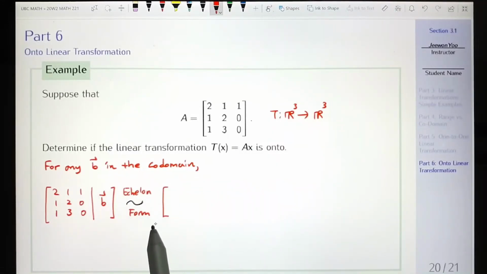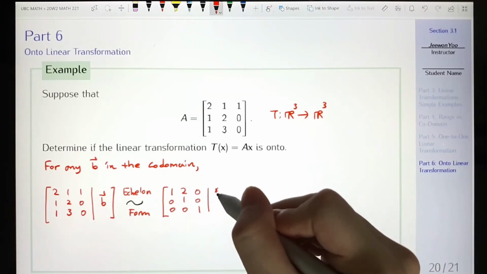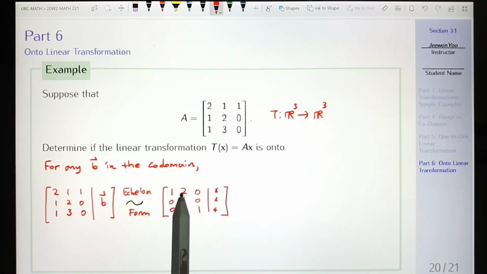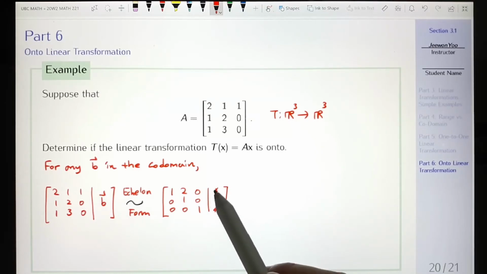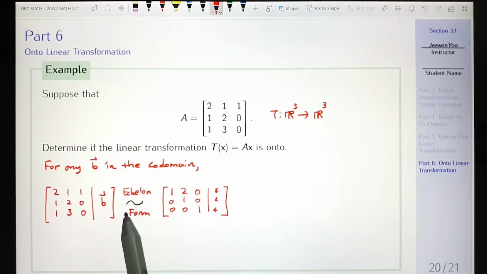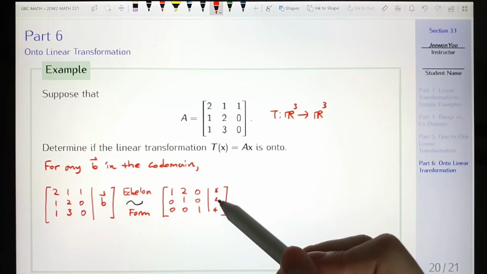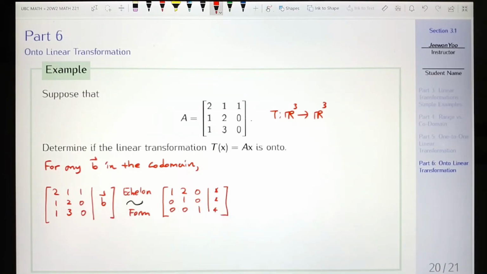The echelon form of this augmented matrix becomes 1, 0, 0, 2, 1, 0, 0, 0, 1, and I'm going to put star, star, star for the modified version of vector B, because we apply elementary operations a number of times, right? So the numbers will be changed from B.